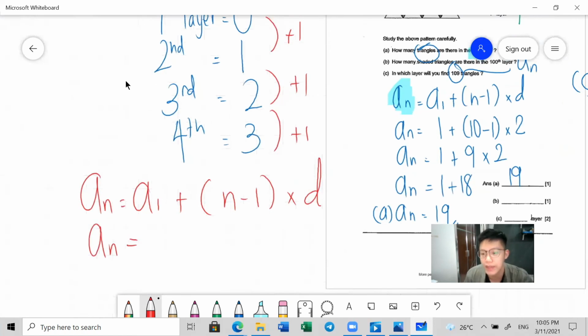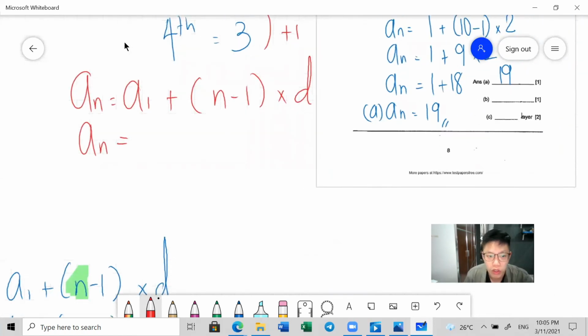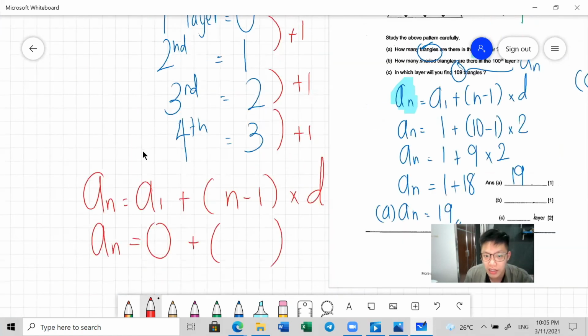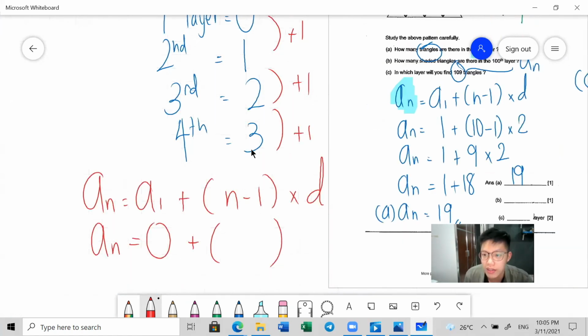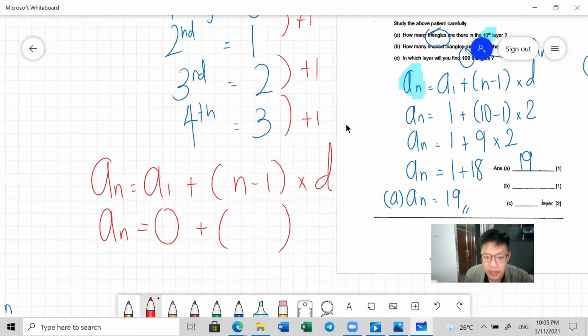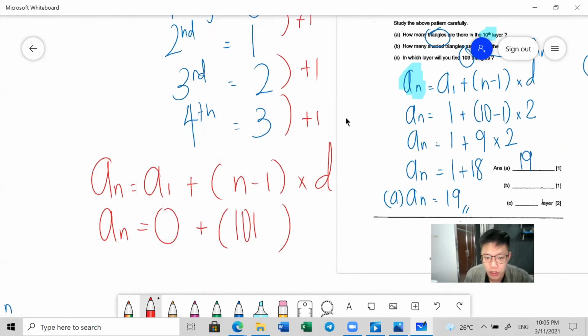As you can see over here in the first layer, there is 0. So we put 0 plus (n minus 1) times d. And n is simply the 100th layer, so you put 100 over here minus 1 times d, which is the difference. The intervals are all equal, so therefore it's 1.